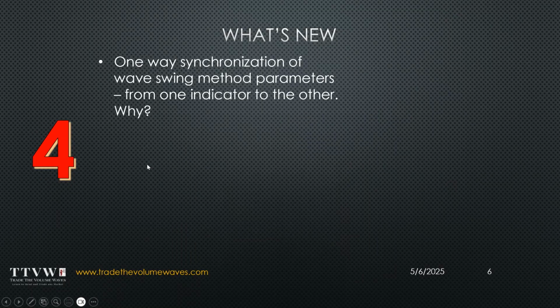Number four, that's a big change. We have one-way synchronization of the Weis wave swing methodology parameters from one indicator to the other. What do I mean by that? You have two indicators: Weis wave with speed index, and signals and wave types.